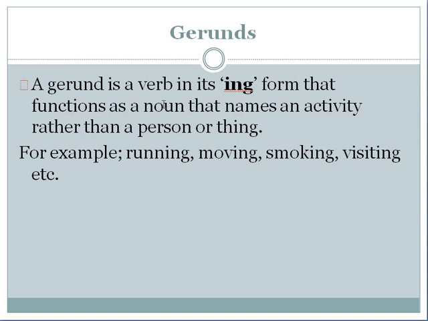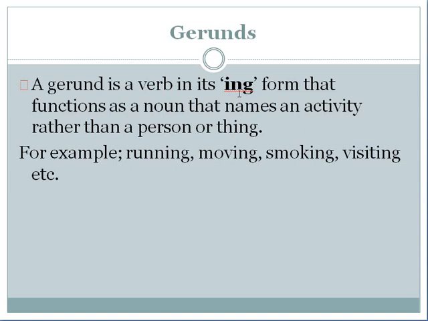The definition of noun is a thing or a place or a person, but a gerund in terms of noun is not going to be any person or a thing, rather it is going to be an activity, because here gerund is a verb.